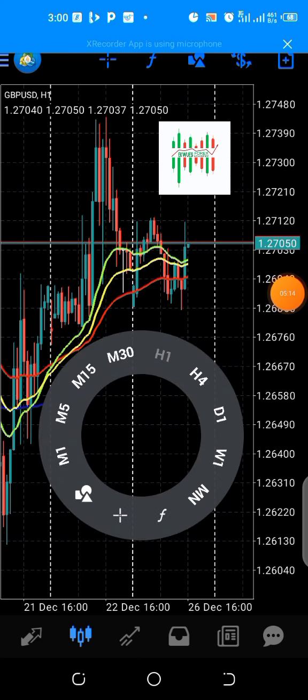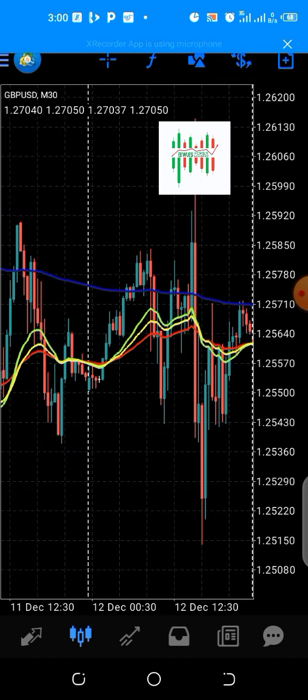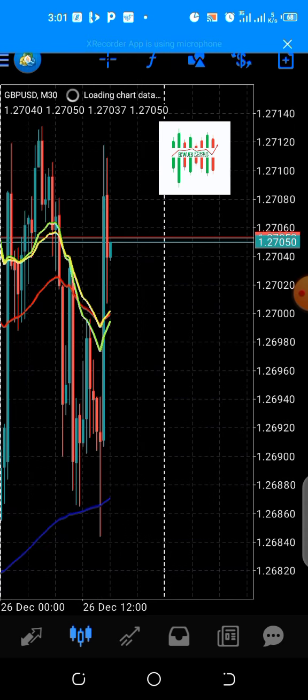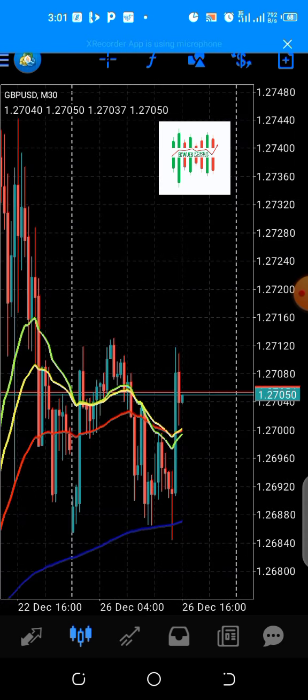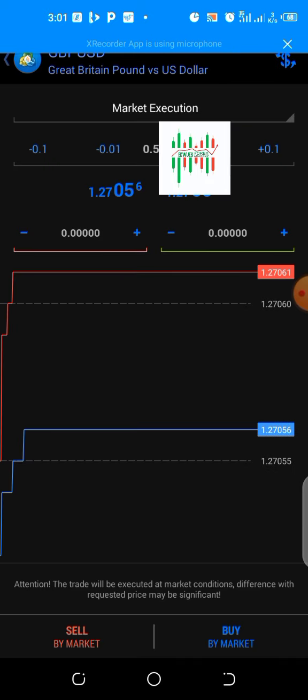Now our entry point is the 30 minutes time frame. This moving average is what will help you to filter the unnecessary noise. As you can see, it's above the moving average that I just told you to set. What you do is you just enter the market, simple and short. Instant market execution, you buy.